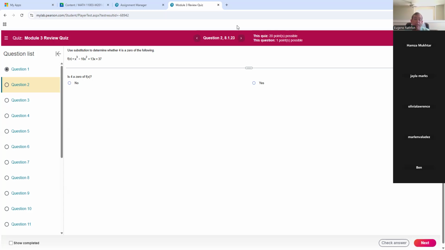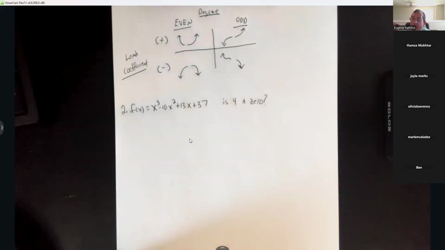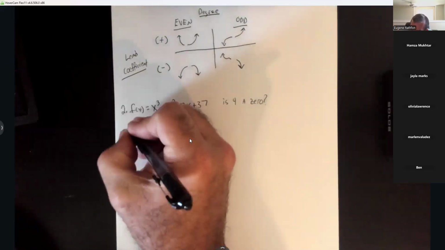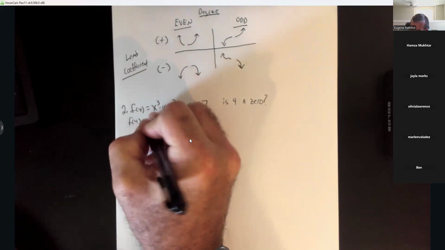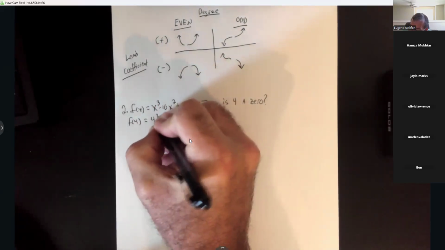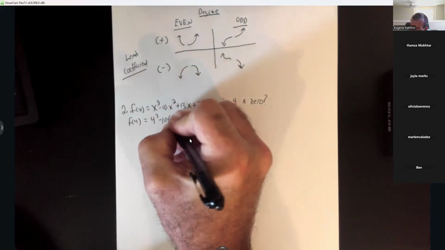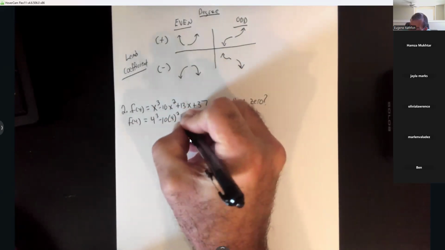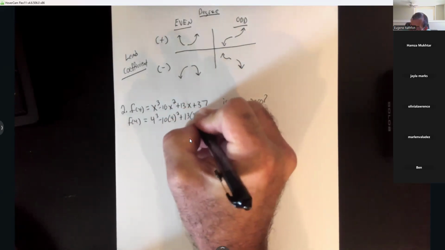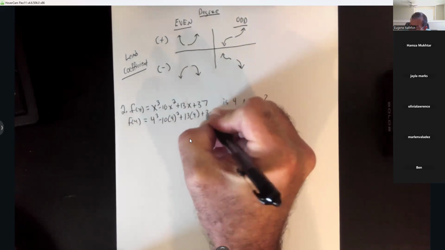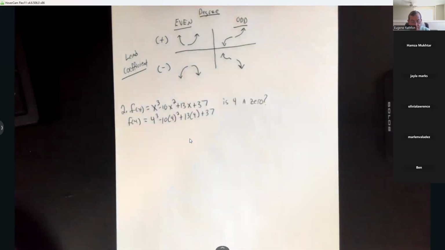When I plug it in and I work it out, I better get an answer of 0. So we're finding f of 4 now to equal 4 cubed minus 10 times 4 squared plus 13 times 4 plus 37.